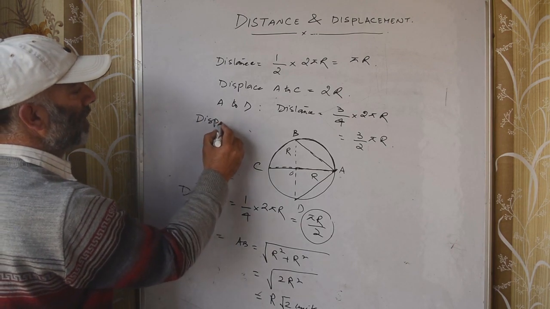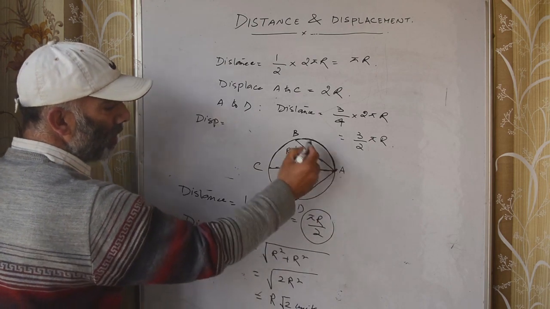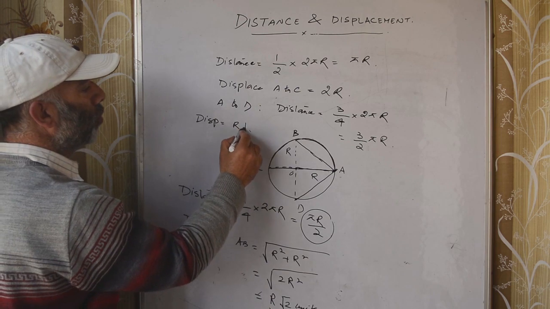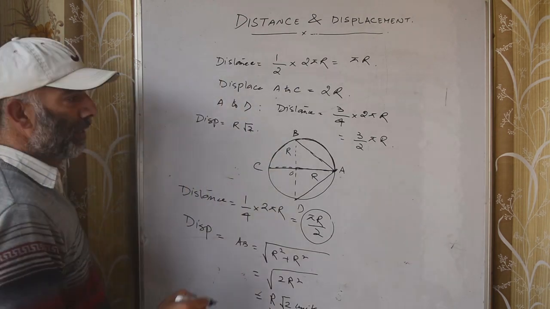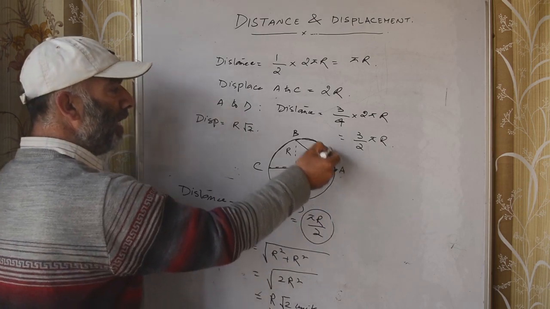My students, the displacement will be AD, which is equal to AB, and which will be equal to R root 2 units.